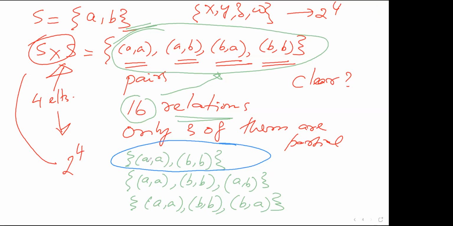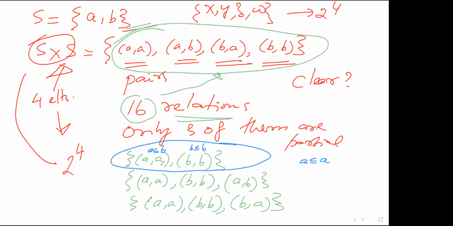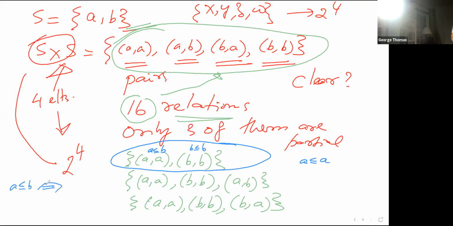If A is related, A has to be less than or equal to A, right? B less than or equal to B. Is it reflexive? Yes. We will say A less than or equal to B if and only if A is in this set. This is a relation.